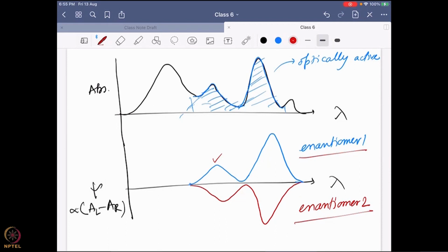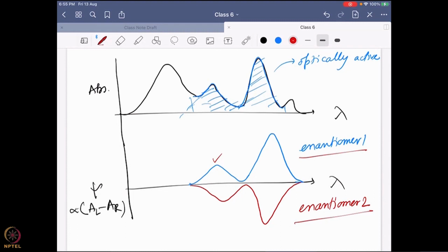So before we finish it up, today we discussed what is the molecular origin of a molecule where an optical activity is actually generated. And secondly, how we can use ORD and CD to find out the difference in the enantiomer.